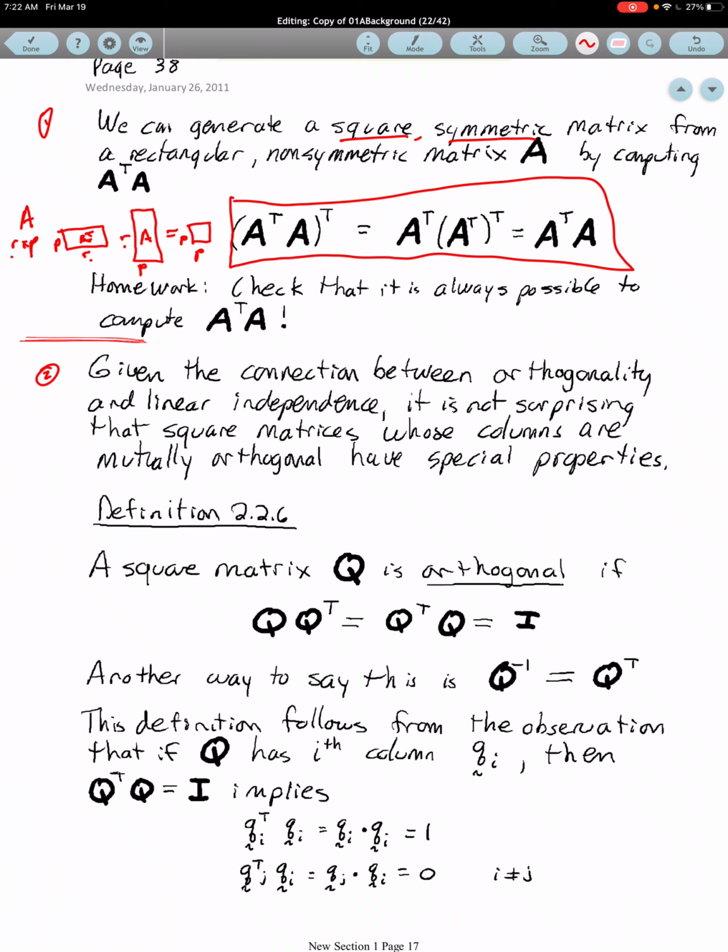To be symmetric, we know that a symmetric matrix, let me just call it C. If C is symmetric, then C transpose equals C. So that's what they're showing here. You may recall that if I have the product of two matrices, A and B, and I transpose them, that equals B transpose times A transpose. So that's what's being applied here. We have A transpose times A, the whole thing being transposed.